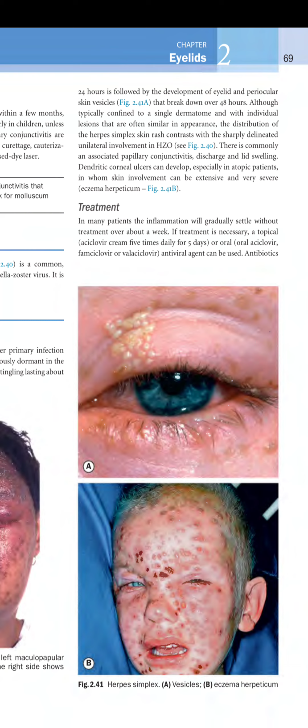And in this case, a dendritic corneal ulcer may form, and in an atopic patient it is very severe, so it is called eczema herpeticum in that case.